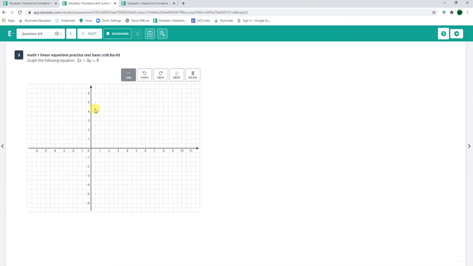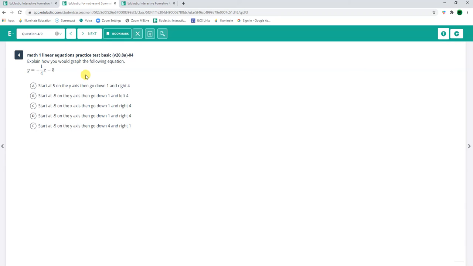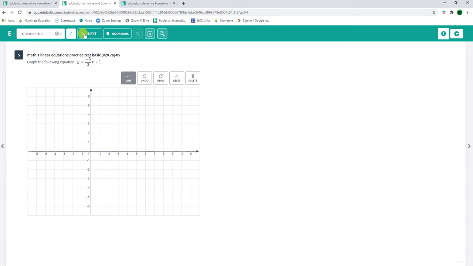This one, the intercepts are at 3 and 4.5. This one, I said it was D as in dog. This one, start at 1 and go down 5 over 3.